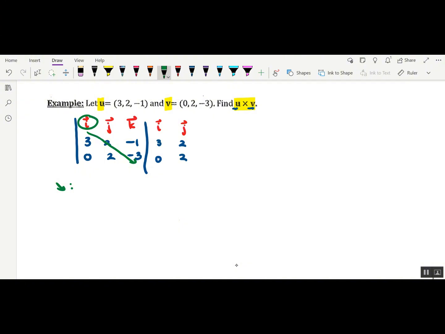That's going to give us -6i. We add that to another product along a diagonal, that would be plus 0j. And then we move over to the next column, and we take k and multiply it to the entries 3 and 2, so that'll be plus 6k.